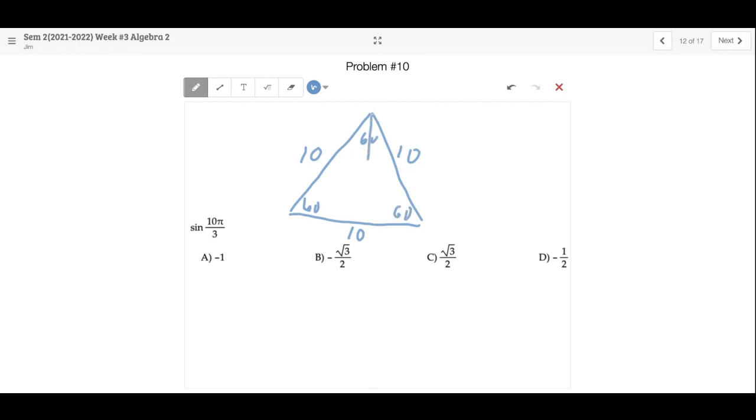But if you cut it in half, I end up with a 30, 60, 90 degree triangle. Well, if this is 10, like it was here, what would this length be now? Well, it's cut in half, so it's just 5. So if you go from the hypotenuse to the short leg, you cut in half. If you go from the short leg to the long leg, you multiply by the square root of 3. That's just the way that it works. I hope I answered your question.